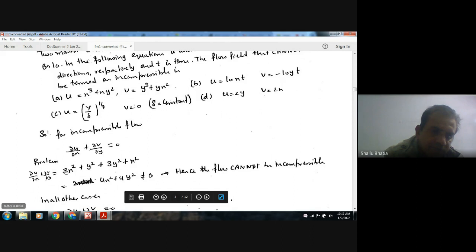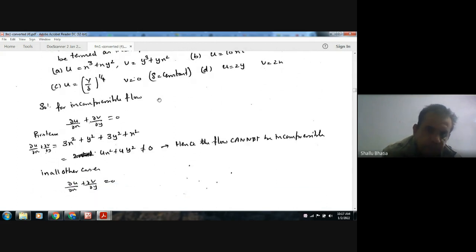So ∂u/∂x is 3x square plus y square, and ∂v/∂y is 3y square plus x square. Okay. So here it will be 3 plus 1, 4. And here 3 plus 1, 4. So that is not equal to 0. So hence the flow cannot be incompressible here. In all other cases, this condition is satisfied. Okay. So the answer is A.